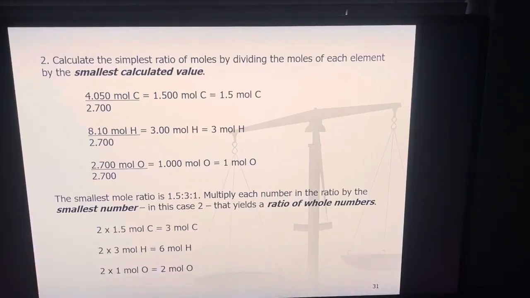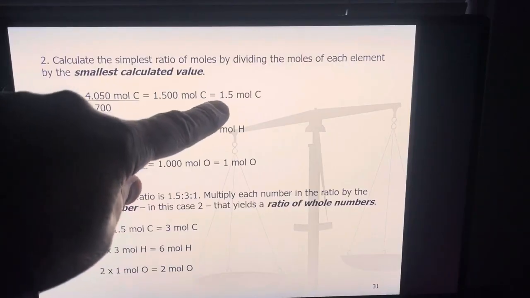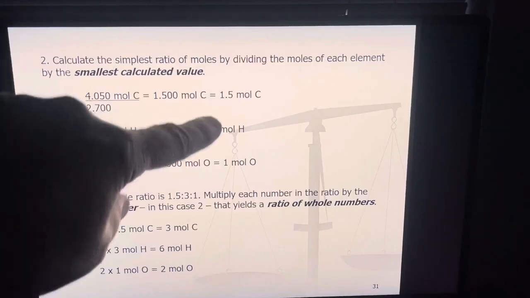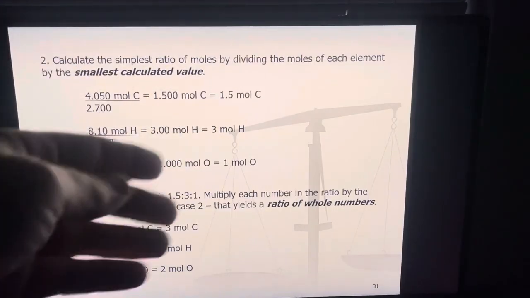Multiply each number in the ratio by the smallest number, in this case 2, that yields a ratio of whole numbers. So you can't have a half, is what they're saying here. So you'd have to multiply each of these by the smallest number that gives you a whole number. In this case, it's 2.